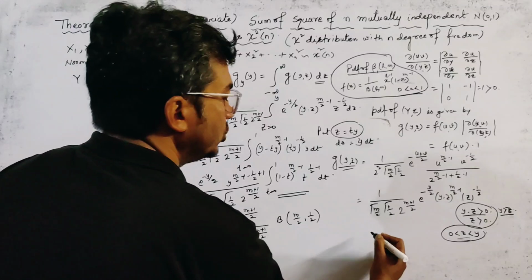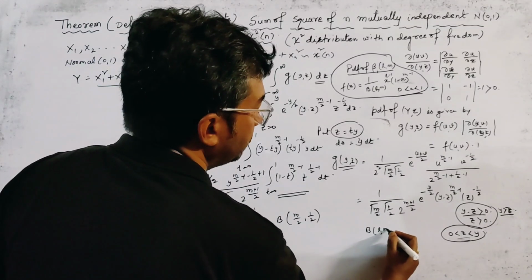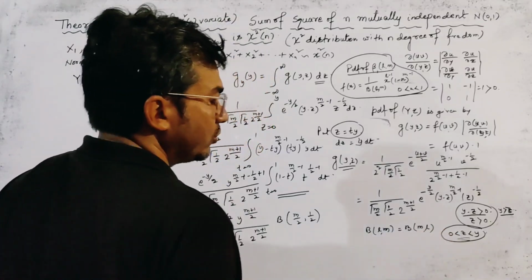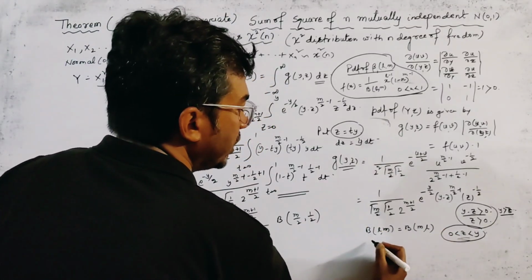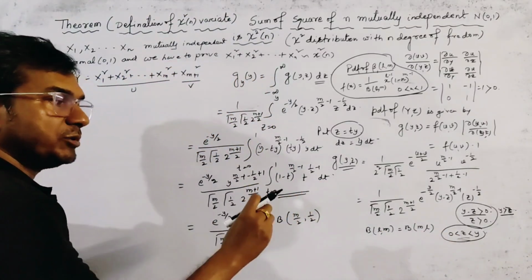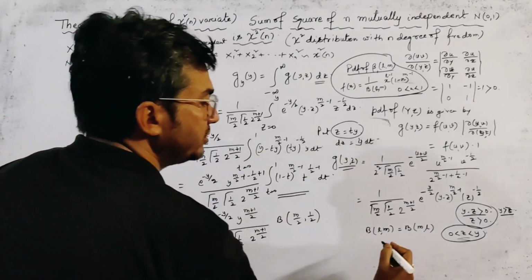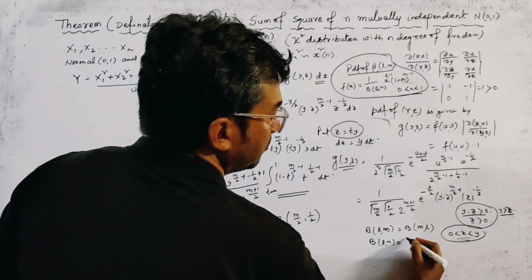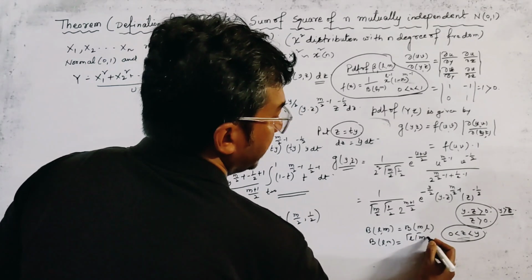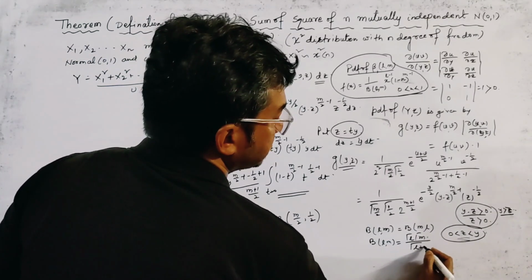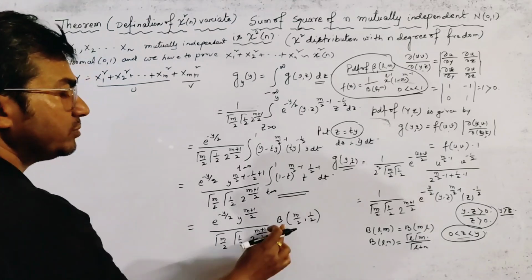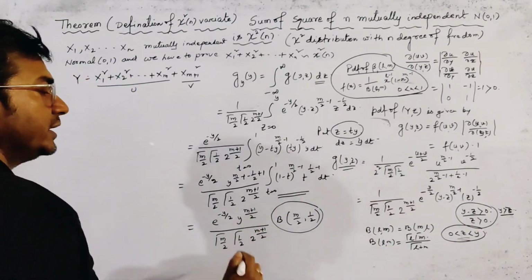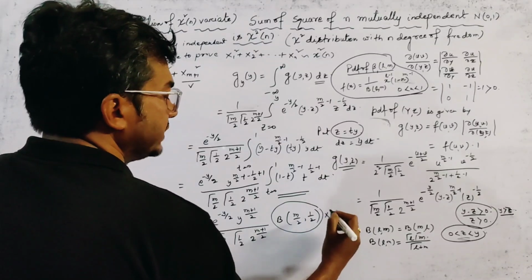Okay, and we know that beta L M is equal to beta M L, and also we use the formula, the relation between beta and gamma, which is given by beta L M equals gamma L gamma M by gamma L plus M.